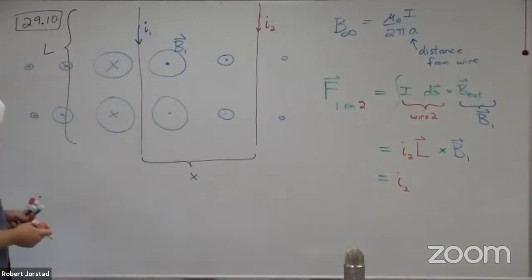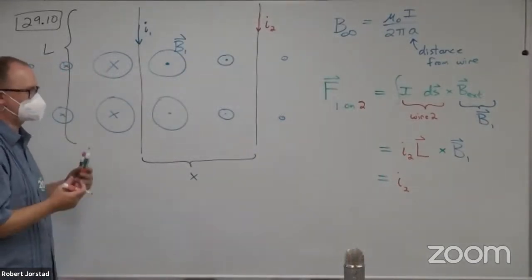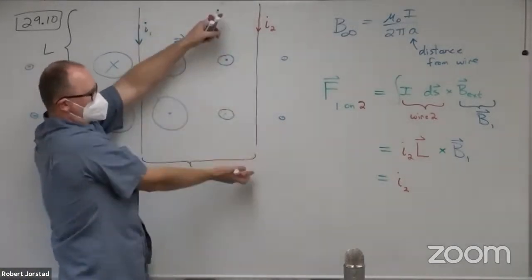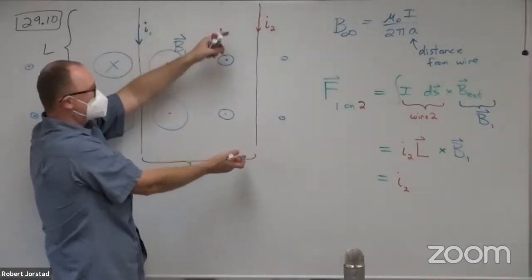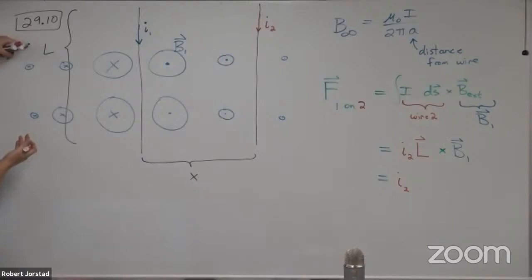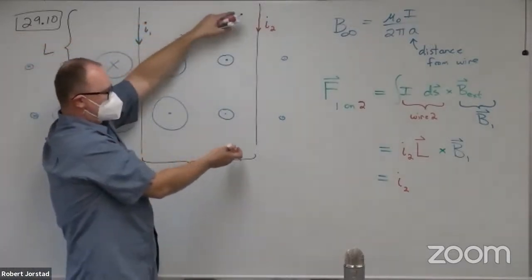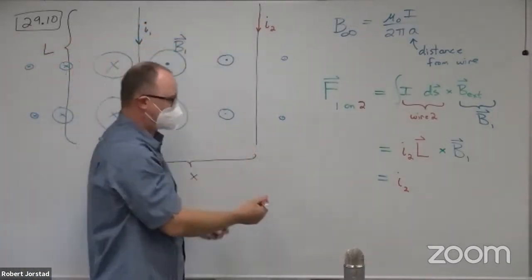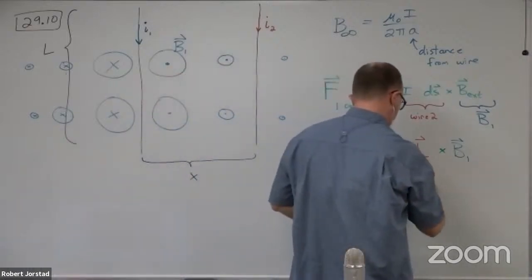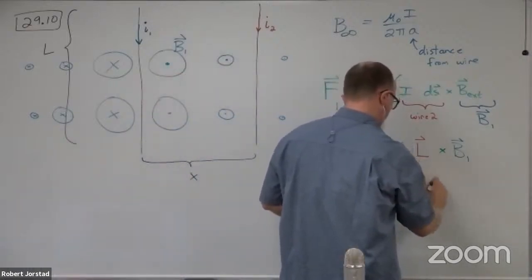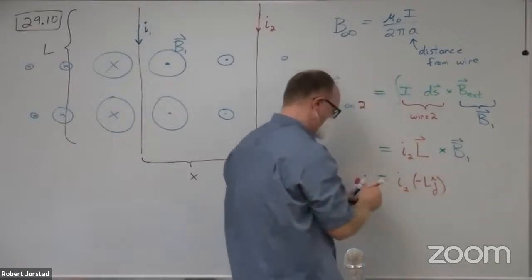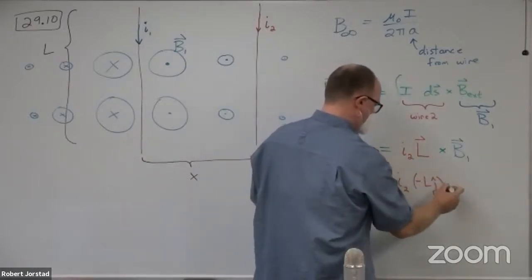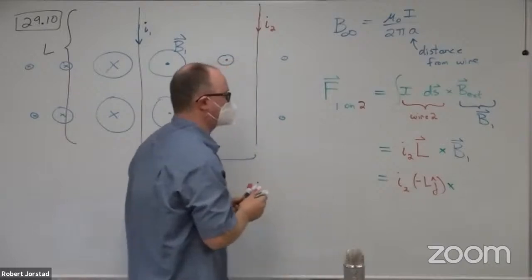What's the length vector? What's the size of it? L is the size of it. What is the direction of it? Yeah. So this is negative L j hat crossed with, what's B1?